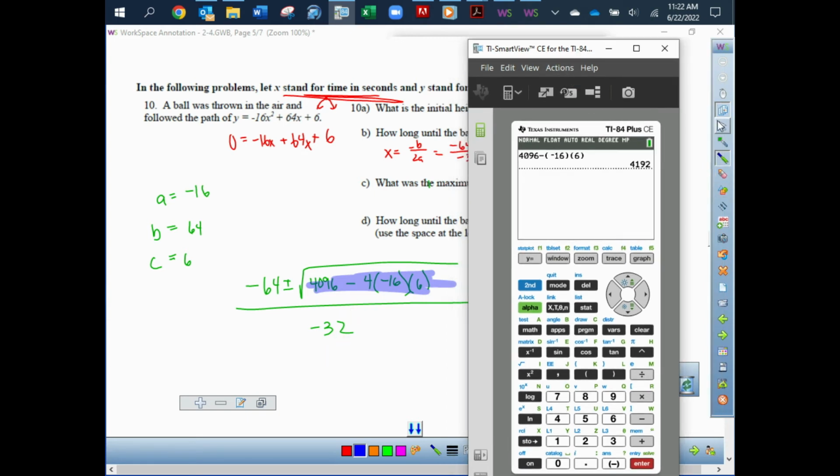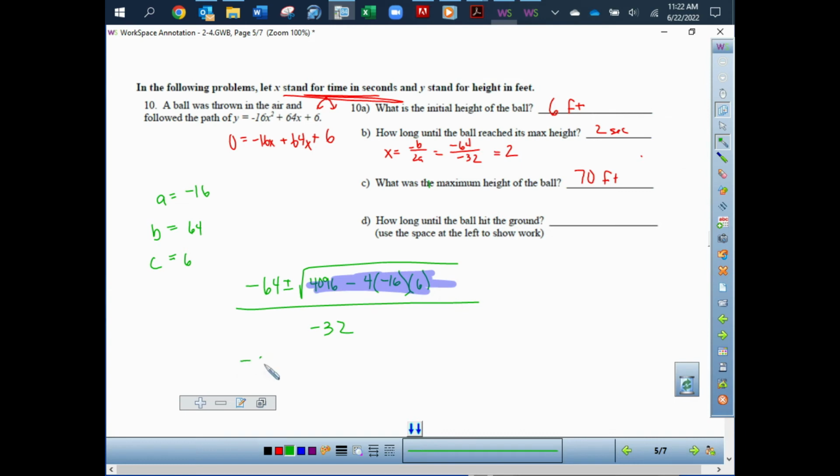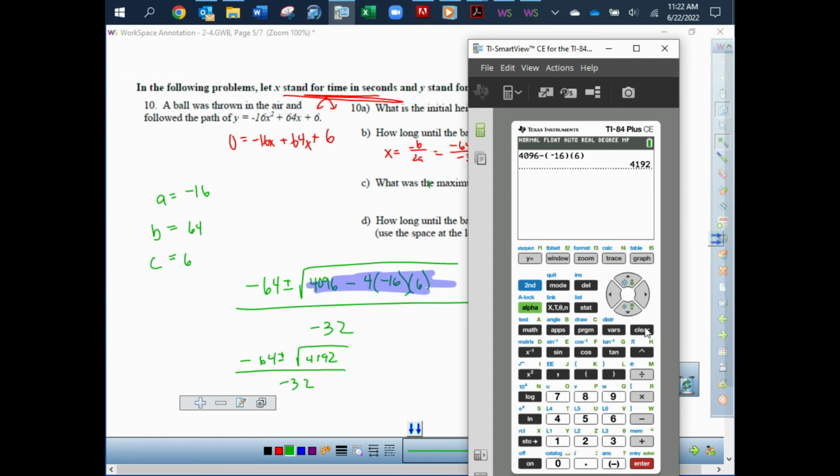Negative 64 plus or minus the square root of 4192 all over negative 32. And now I just got to punch that in. So we'll do that. I'm going to do negative 64 plus the square root of 4192. Boy, I hope that was the right number. Hit equals, and then divide by negative 32.